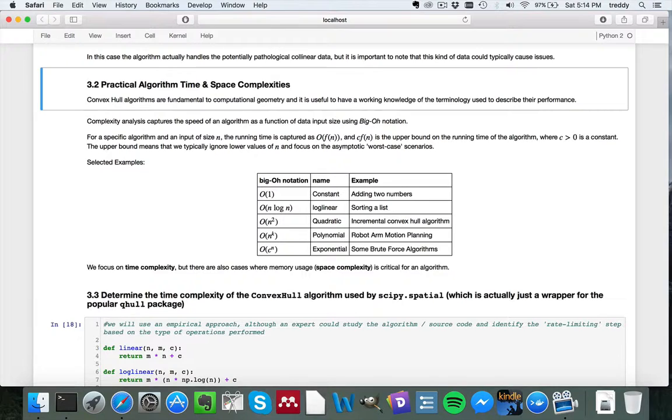Now, the convex hull also introduces the really important need to understand how long it takes to run a particular algorithm on a computer. This is because even for many common real-world use cases, as you go from, say, 10 data points to 1,000 data points, you can talk about an order of magnitude increase in the amount of time it takes to run the calculation.